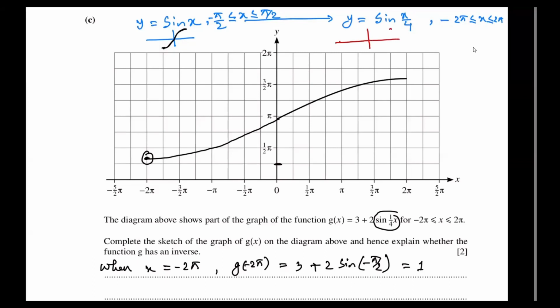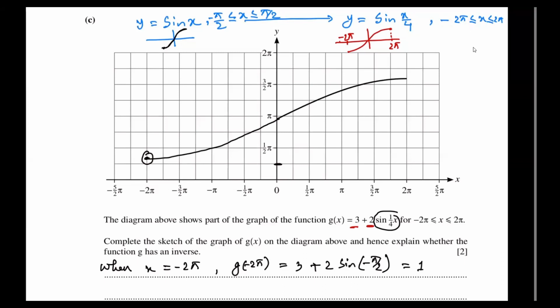And that one becomes, this is 2 pi, that's the maximum. This is minus 2 pi, where the minimum is. And there is a vertical translation, you see.